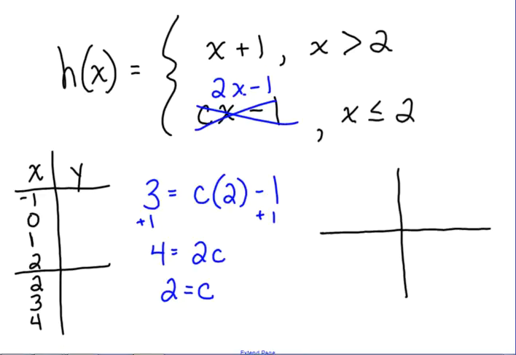Now, my table is backwards from my functions here, right? The first part is when x is less than 2, so this is the 2x minus 1. The second part, 2, 3, 4, is when your x values are greater than 2, so that's x plus 1.